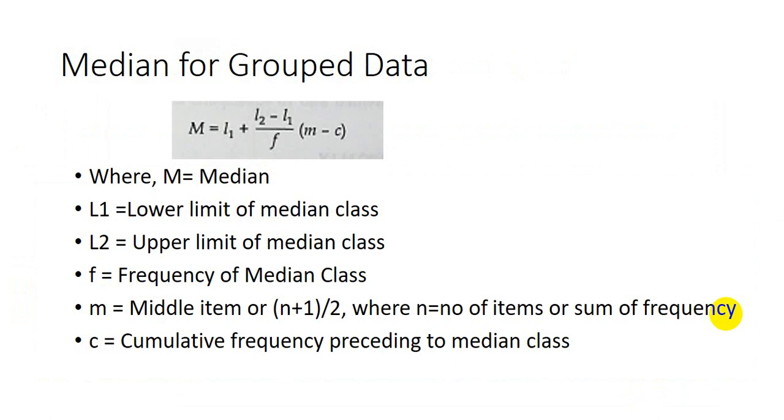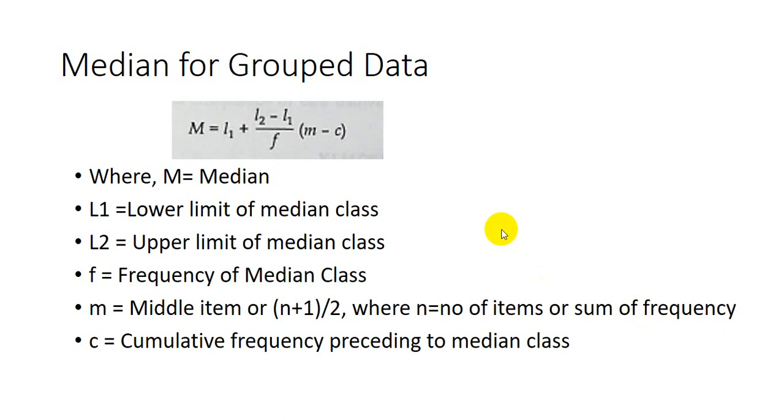So the median is actually called a measure of location. It gives us the central location of the data, and we already discussed a lot of interpretation regarding median. In today's lecture we discuss how to find the median value for group data.